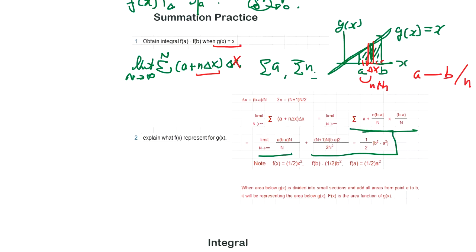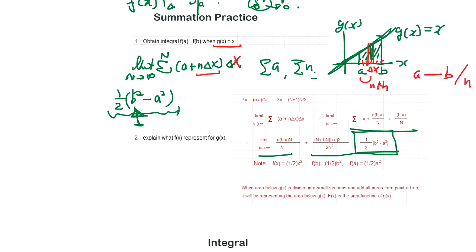So it becomes like this, meaning 1 over 2 (b squared minus a squared), and that's the area. Okay, so the area increases by a quadratic function when the function is linear.